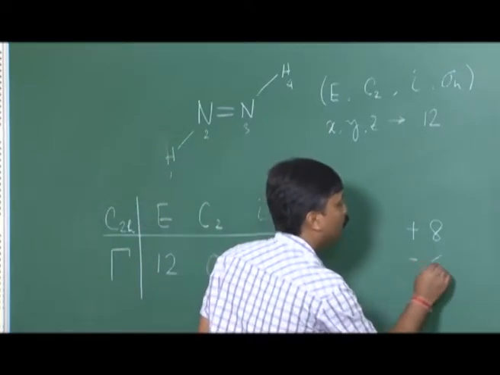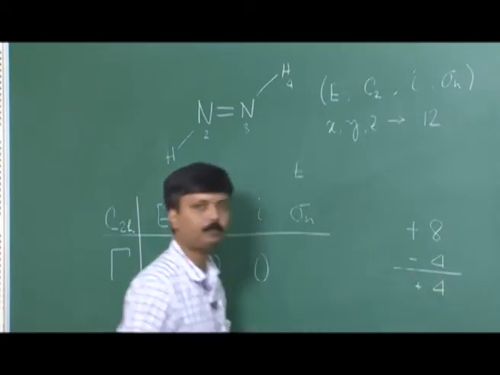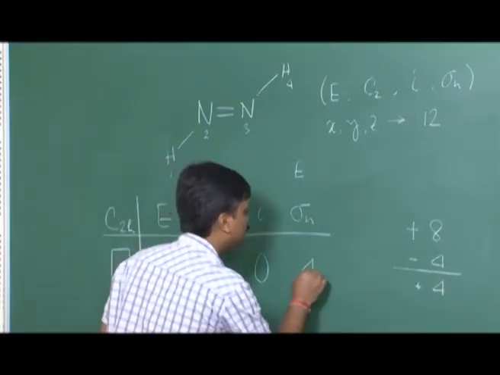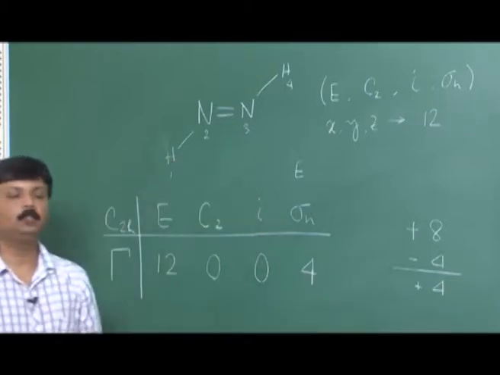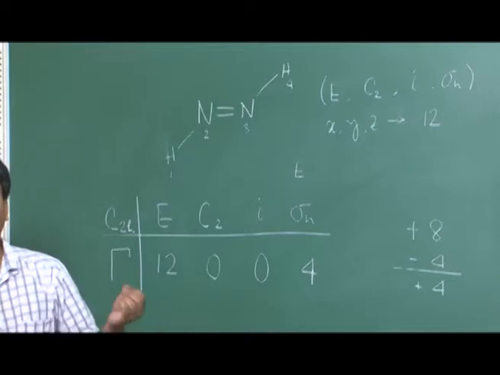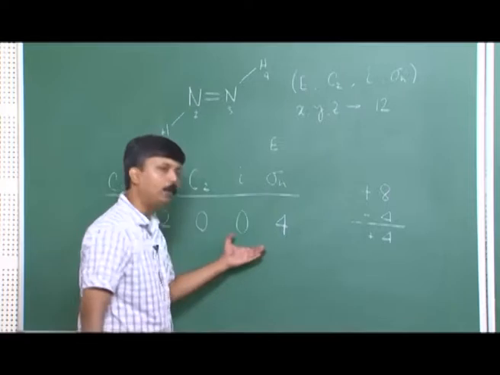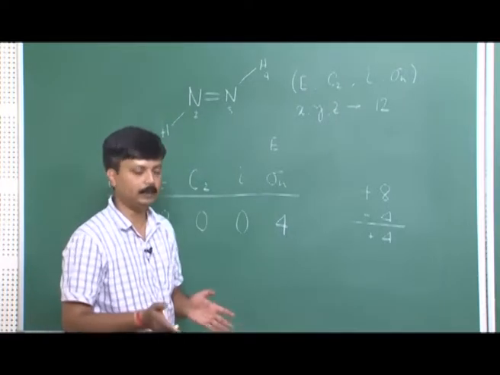So overall the character will be plus 4. So this is what I get. So see how easily I can find the representation of a molecule in terms of its characters without worrying about the matrix representation. Okay.